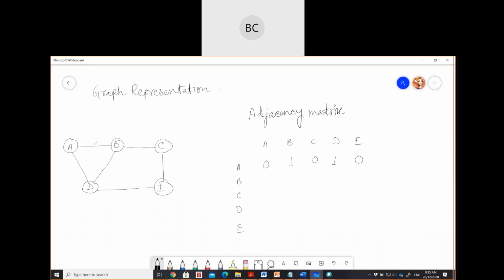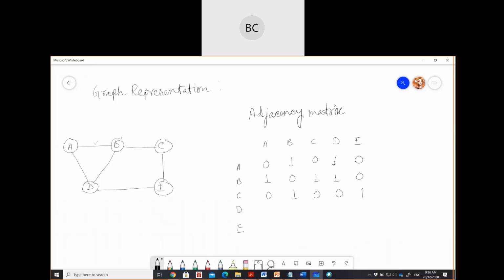Okay. So again come to B. Now from B, what are the adjacent nodes? A, D, and C. So you can directly write A, C, and D, and since there is no edge, the other will be just 0. Again from C, only two adjacent nodes, B and E. So you can just write 0, 1, 0, 0, and 1.